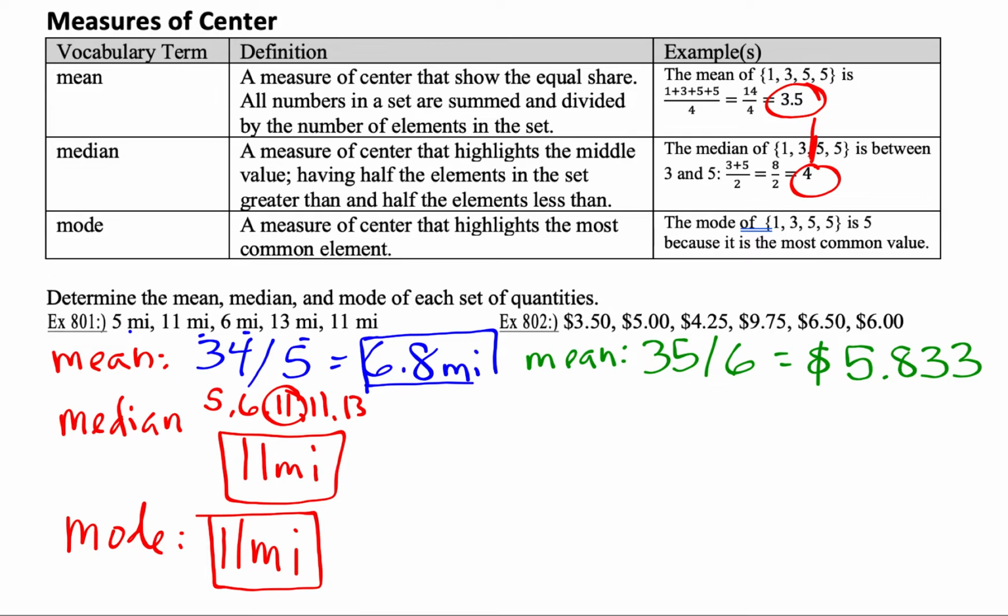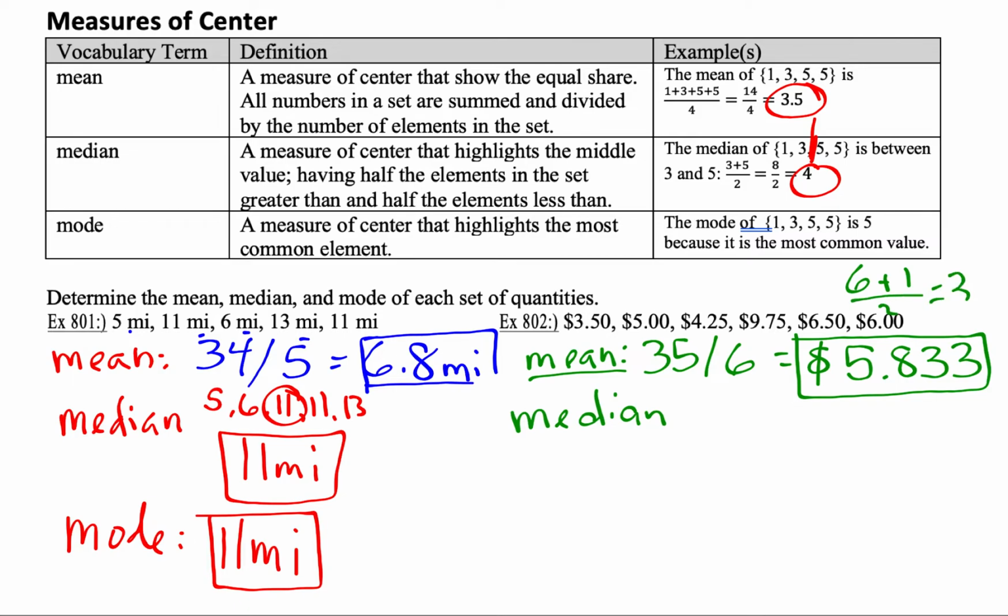All right, let's take a look at the median. For the median, since there are 6 elements, 6 plus 1 divided by 2 is 3.5. Our median will be between the third and the fourth one. The smallest number is 3.50.